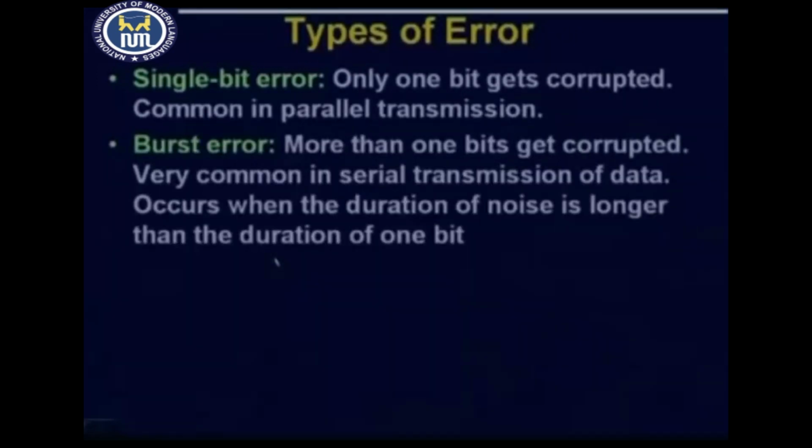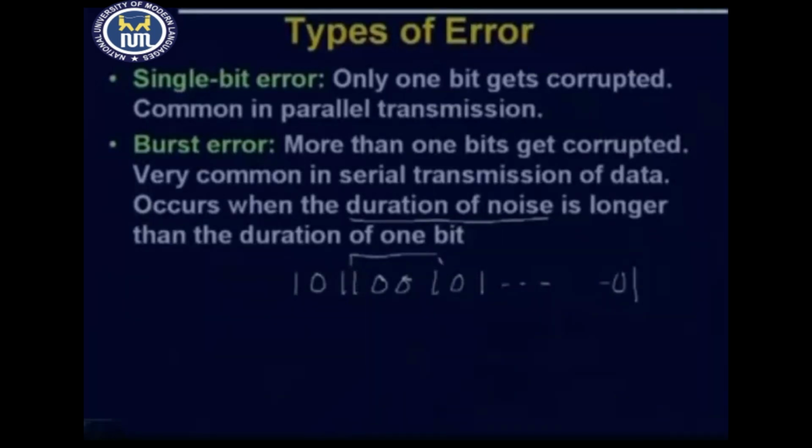Then there's another type of error which is called burst errors. It occurs whenever more than one bit gets corrupted. Let's suppose you are sending a long sequence of zeros and ones. So what can happen here? The duration of noise is longer than the duration of one bit.